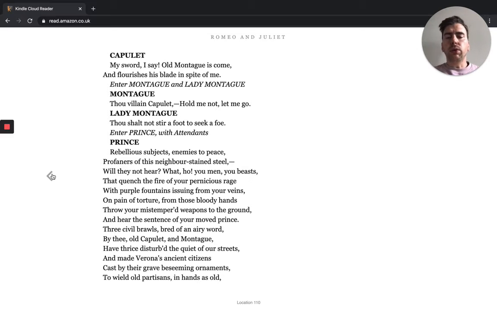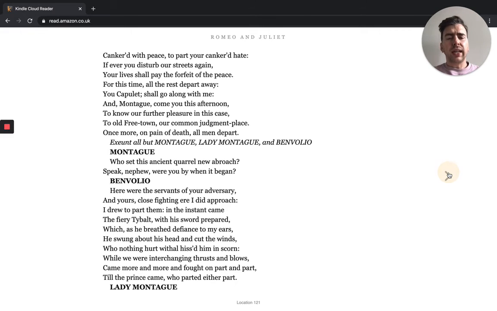Three civil brawls, bred of an airy word, by thee, old Capulet, and Montague, have thrice disturbed the quiet of our streets, and made Verona's ancient citizens cast by their grave beseeming ornaments, to wield old partisans, in hands as old, cankered with peace, to part your cankered hate.